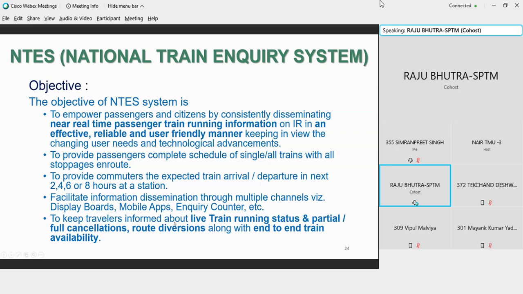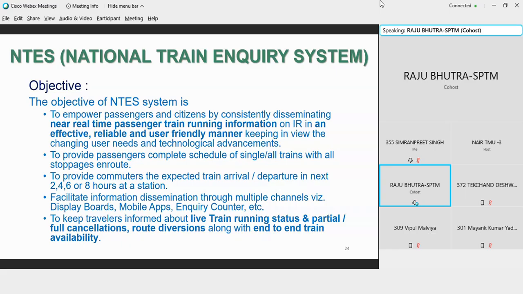To keep travelers informed about live train running status and partial or full cancellations. Whatever the running status of the train is, that is to be informed to the passengers, along with any partial or full cancellation. Partial cancellation means the train does not run from the scheduled originating station to the scheduled destination; some portion of its journey may be curtailed.